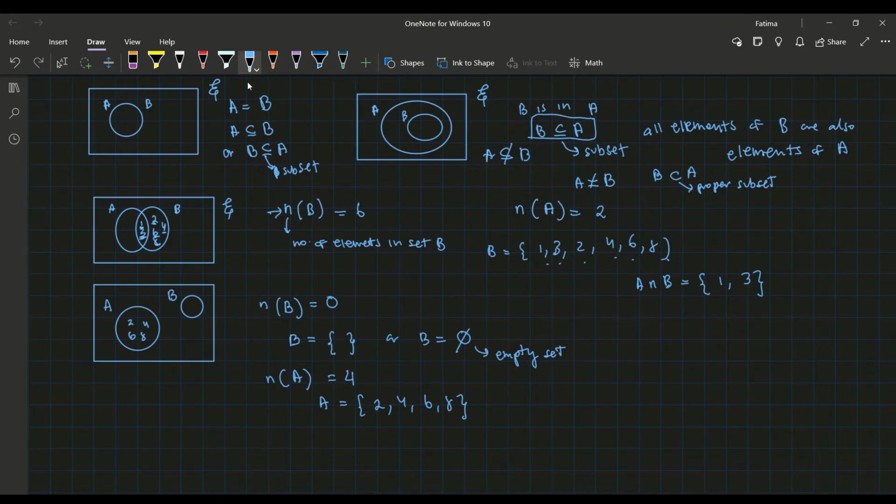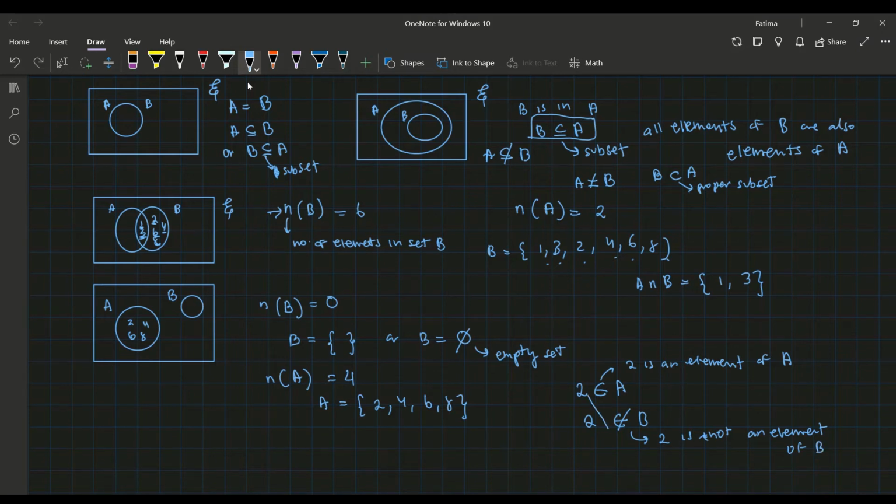Another thing you should be wary of is that you can also denote a notation which represents whether an element is actually an element or not of a set. What I mean is, if I wrote 2 ∈ A, that means 2 is an element of A. If I wrote 2 like this with B, 2 is not an element of B, which is true.